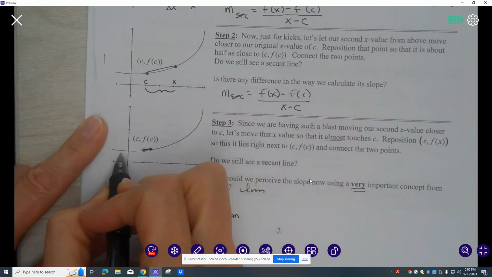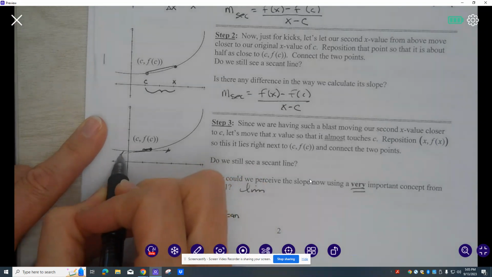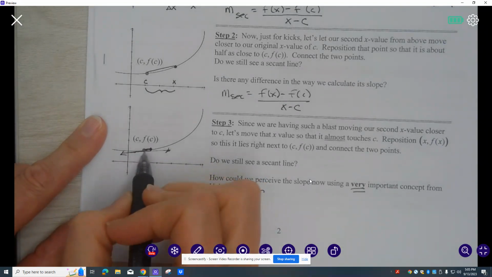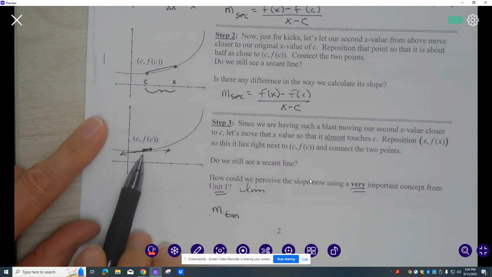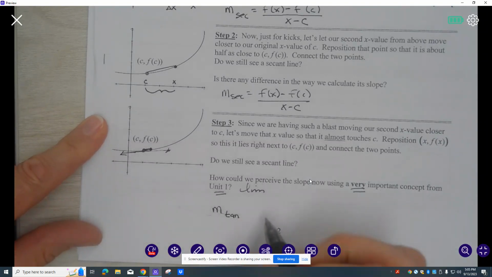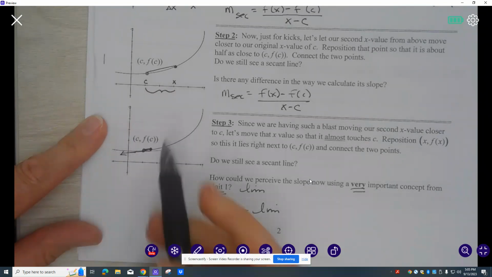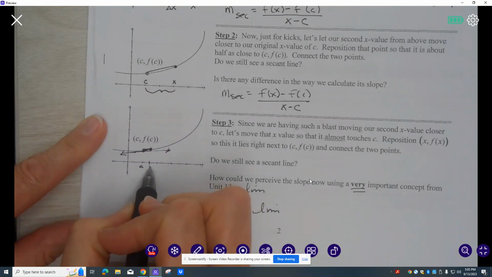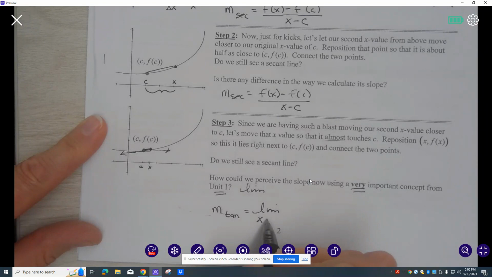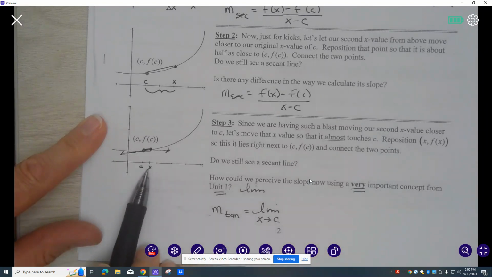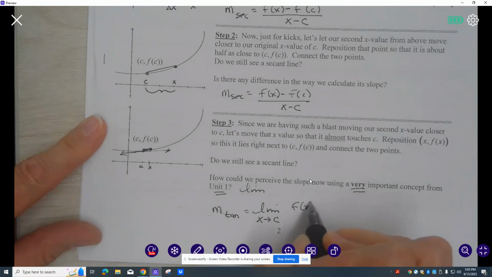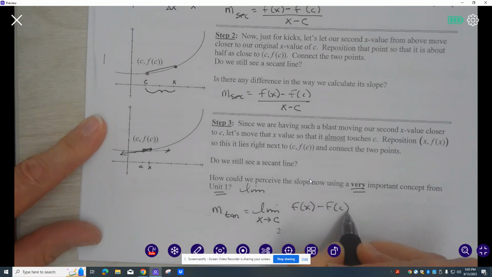I'm going to sketch a tangent line here just to show you. This would be our tangent line at point C. To estimate that, we want to take the limit as x and c get really close together. Here's c, here's x. So as x gets closer and closer to c, as x approaches c, and then we want to take the slope.